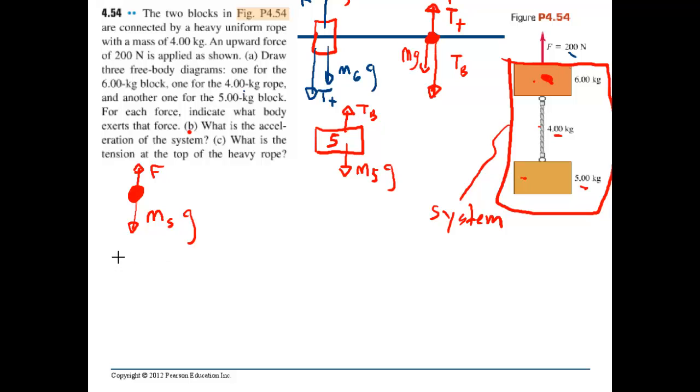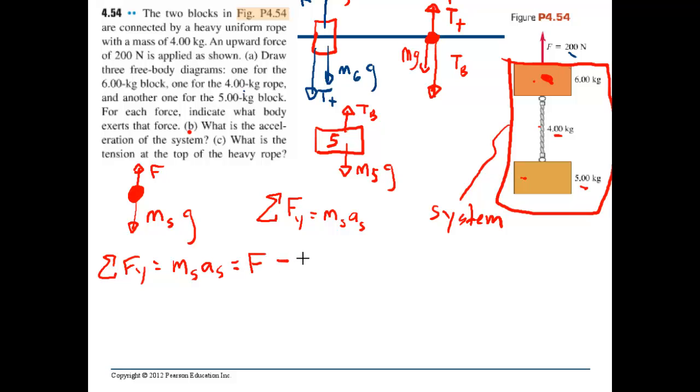Now I can write Newton's second law and say for the system the sum of the forces, in this case in the y direction, is going to be equal to the mass of the system times the acceleration of the system. So I'm going to do that more explicitly over here. Sum of the forces in the y is equal to the mass of the system times the acceleration of the system. And in the upwards direction, I'm going to have my force.